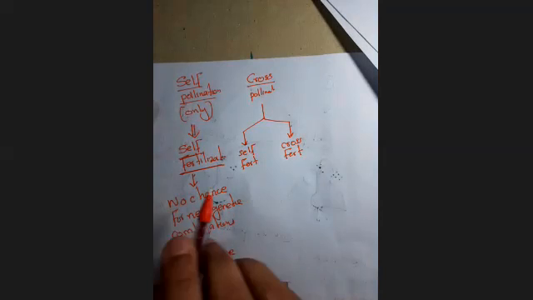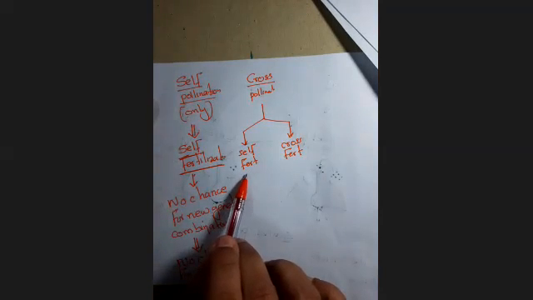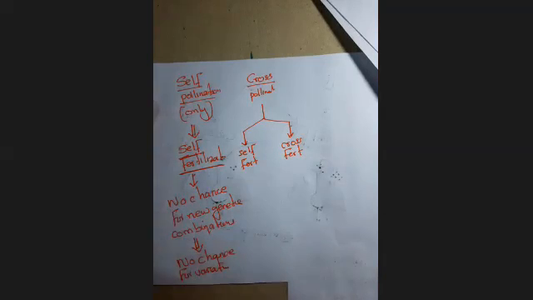If the flower's pollen goes to the stigma of the same plant, what kind of fertilization is going to occur? Self-fertilization.